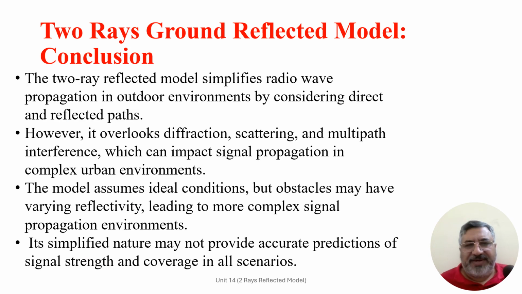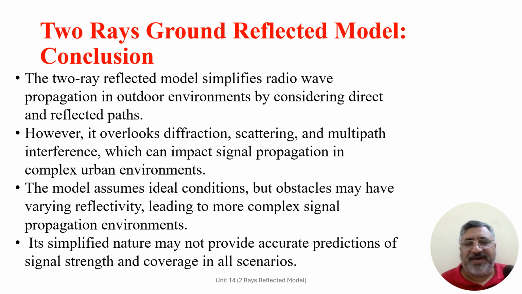The two-ray reflected model provides a simplified representation of radio wave propagation in outdoor environments by considering the direct and the reflected path as the primary components of the received signal. While the model offers a basic understanding of signal propagation, it has certain limitations, such as oversimplification.